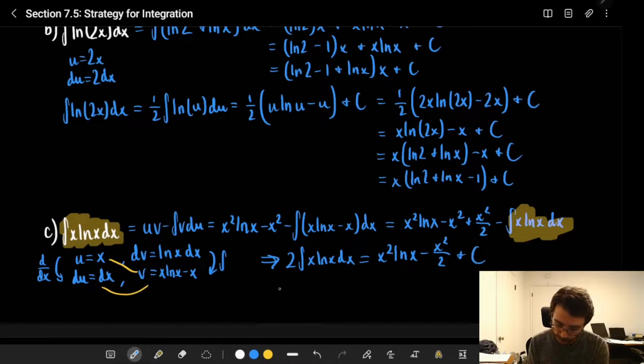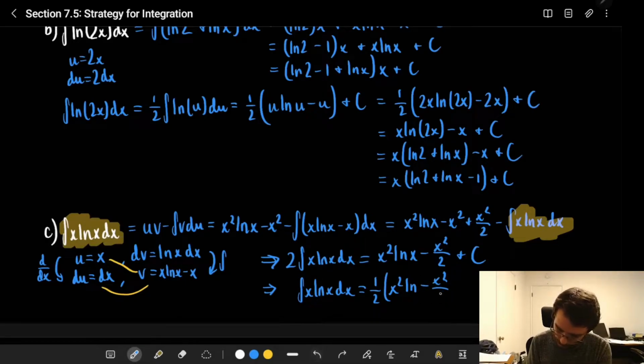Plus c maybe. And then divide by 2, right? So this integral by itself should be half of that whole thing. I don't have to keep the constant in there. Whoops. It's an arbitrary constant, so whether I divide it by 2 or not doesn't matter.